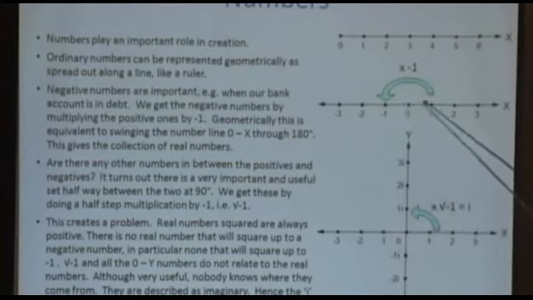Now, when we got the negative numbers by multiplying by -1, we can get these new numbers instead of multiplying by -1, we take a half step and we multiply by the square root of -1. So these numbers here represent numbers that are created by multiplying by the square root of -1.